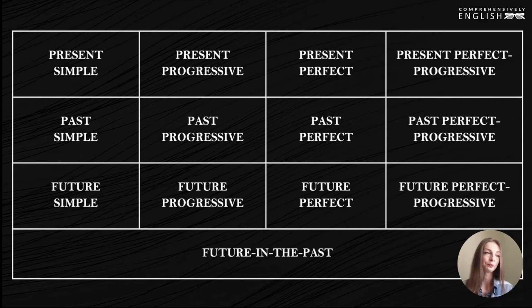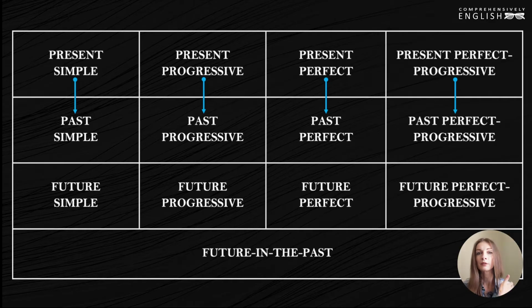So, for example, if our direct speech is in one of the present tenses, we go one step backwards, and that's to the past tenses. So the present simple tense becomes the past simple tense, the present progressive tense becomes the past progressive tense, the present perfect tense becomes the past perfect tense, and the present perfect progressive tense becomes the past perfect progressive tense. One step back. Everything is very logical, right?